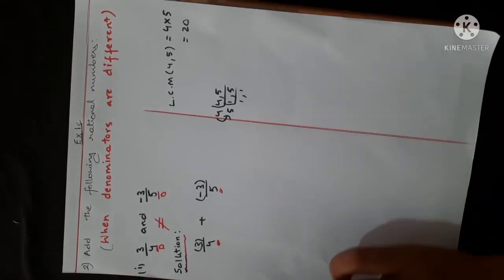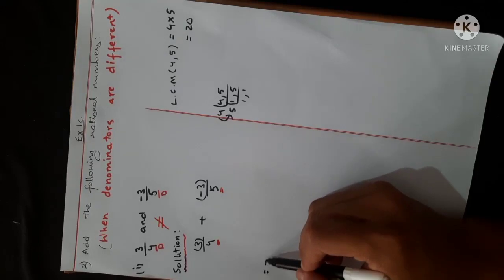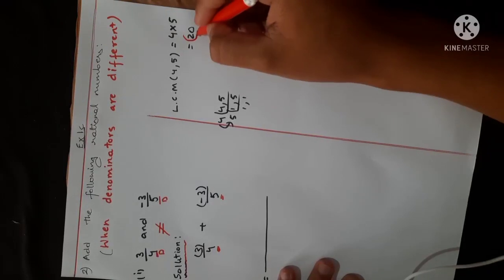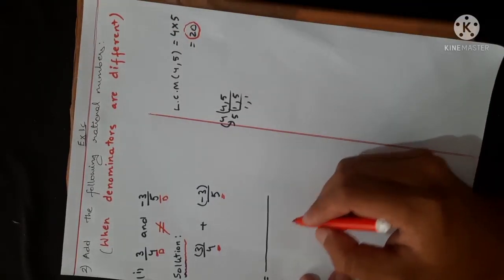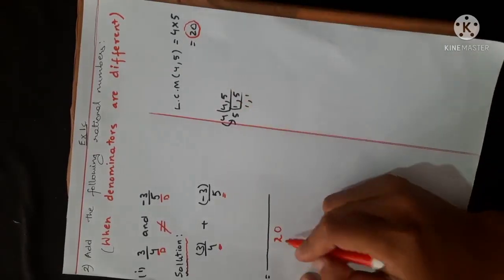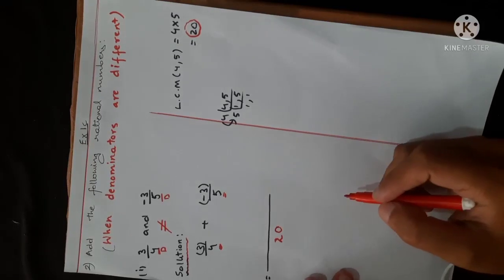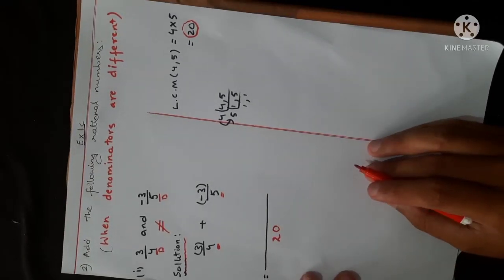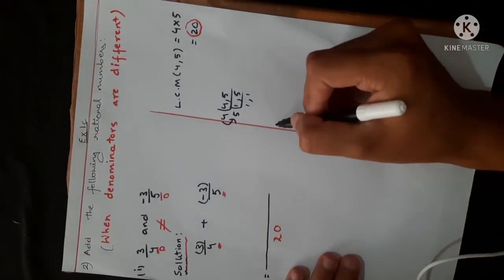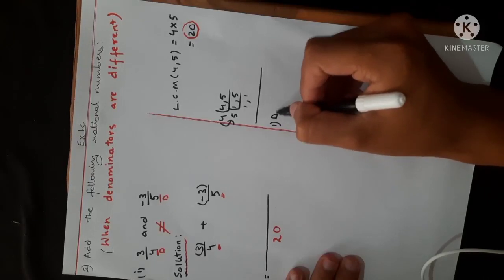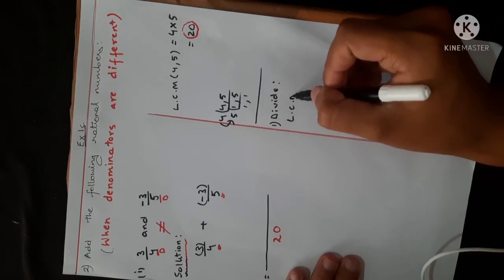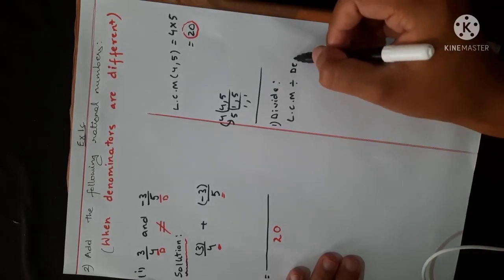So what we write is that 20. This 20, you just write in the denominator. The LCM you write in the denominator. Now the next part, what you should do is first of all divide LCM by the denominator.